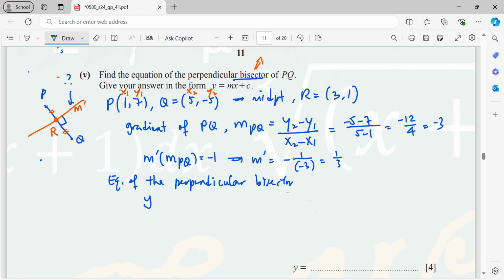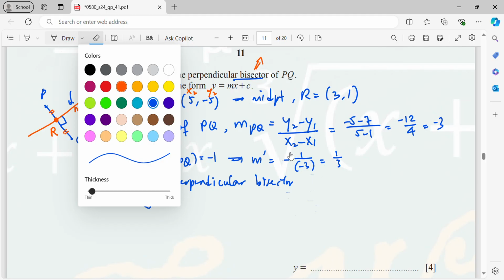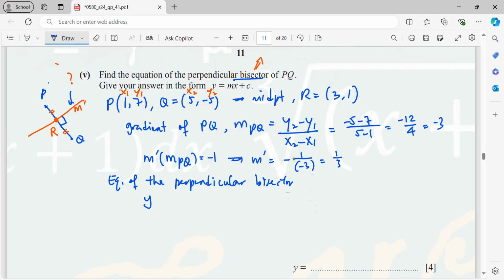You can use y equals mx plus c, or y minus y1 equals m bracket x minus x1, up to you. I will just use the formula first. y minus y1 is m bracket x minus x1.